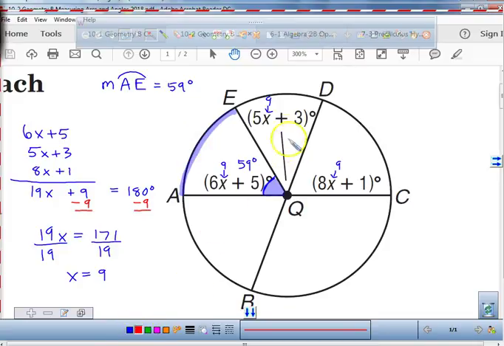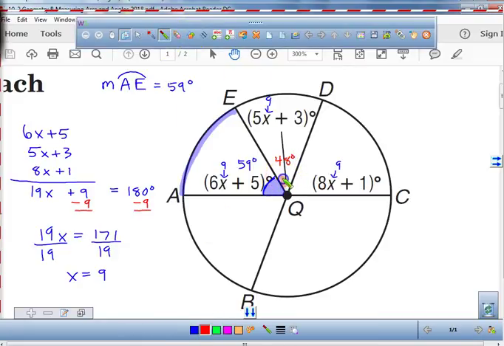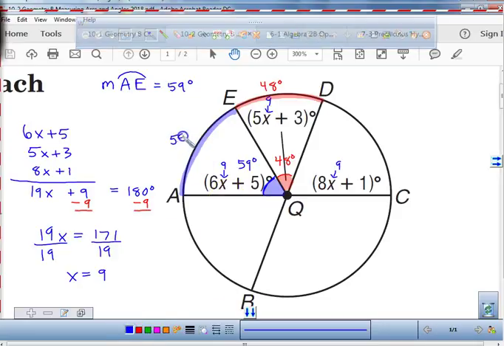Alright. Next thing, 5 times 9 is 45, plus 3 gets us 48 degrees. Does everybody see this little tiny central angle right in here? That's 48 degrees. What is the measure of its corresponding arc? That's also going to be 48 degrees, just like this one over here is 59 degrees.